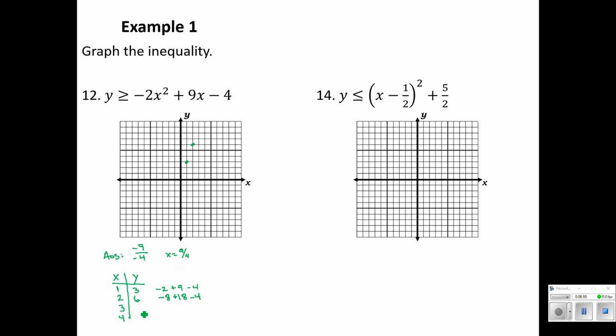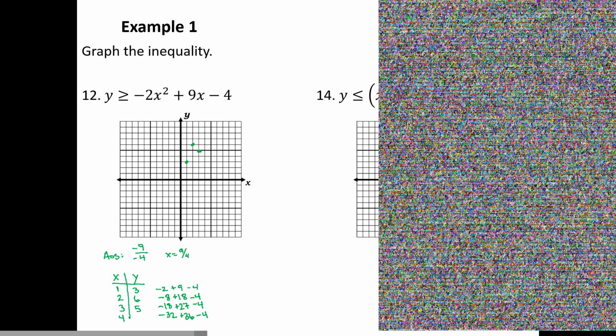If I plug in 3, I get negative 18 plus 27 minus 4, and that comes out to be 9 minus 4, 5. And if we plug in a 4, I get negative 32 plus 36 minus 4. Negative 32 plus 36, that's 4, minus 4 is 0.